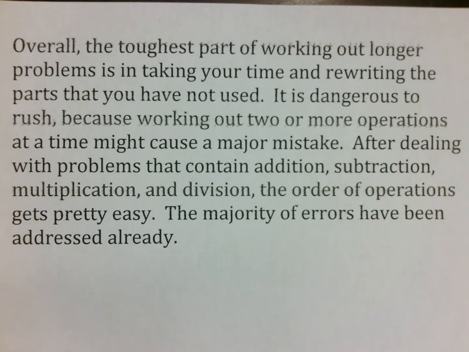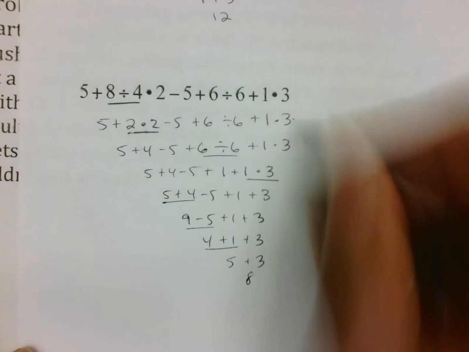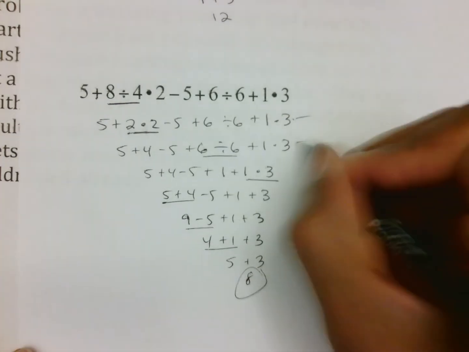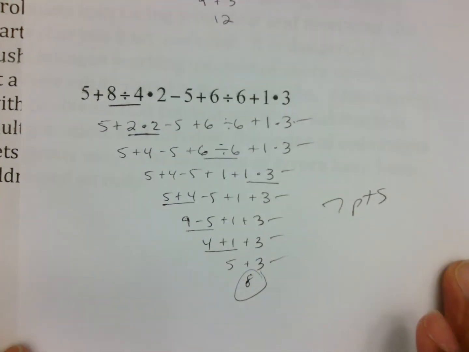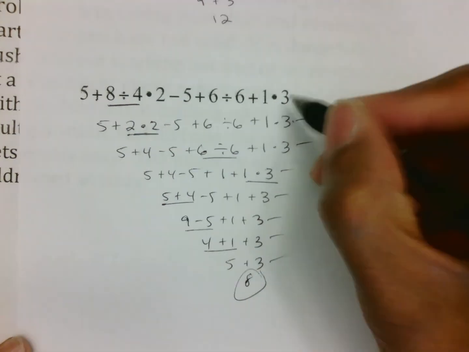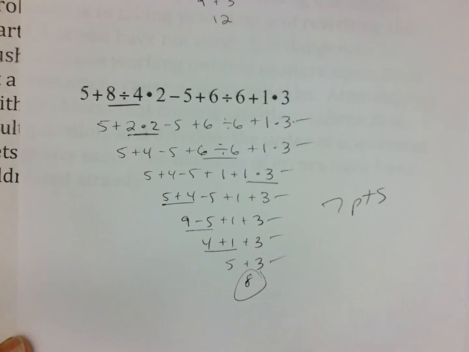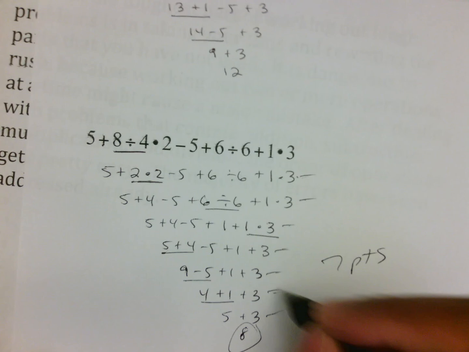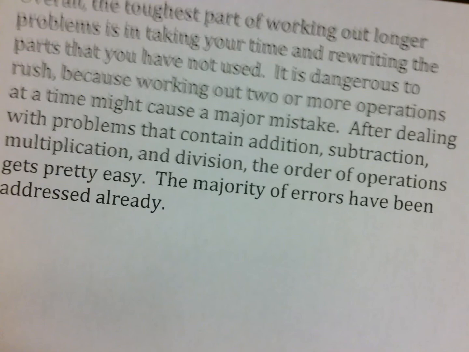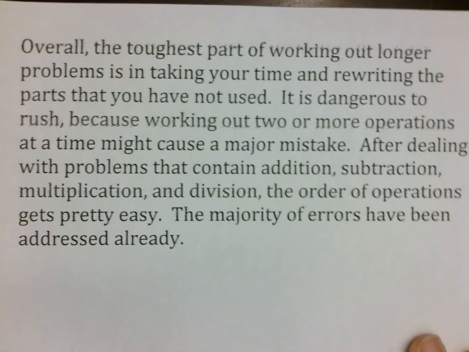Not only that, if you see these questions on your quiz and you jump from here down to here, this one will cost you 1, 2, 3, 4, 5, 6, 7 points. And you don't want to lose 7 points on a quiz just because you feel like typing into your calculator and getting the answer. So when you do your work today, make sure you follow the rules of how many lines there should be whenever you work this stuff out.